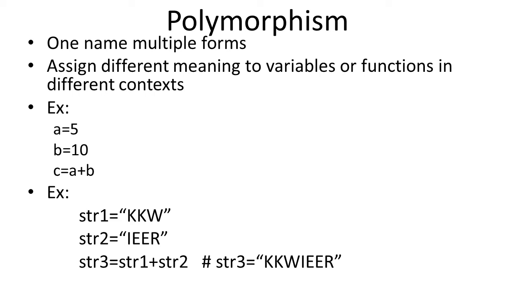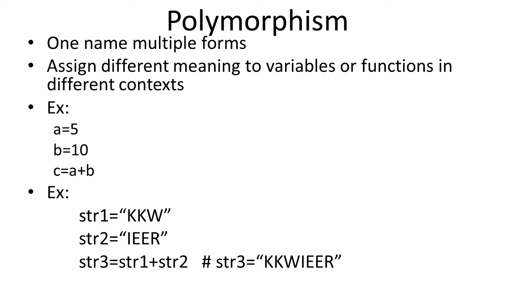There are two string variables str1 and str2, which represent two strings, kkw and IEER, respectively. We are writing str3 equal to str1 plus str2.